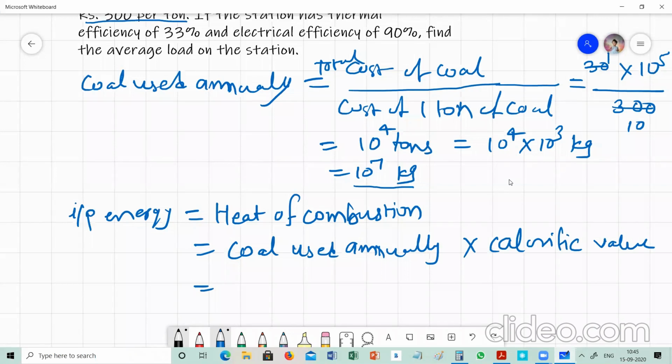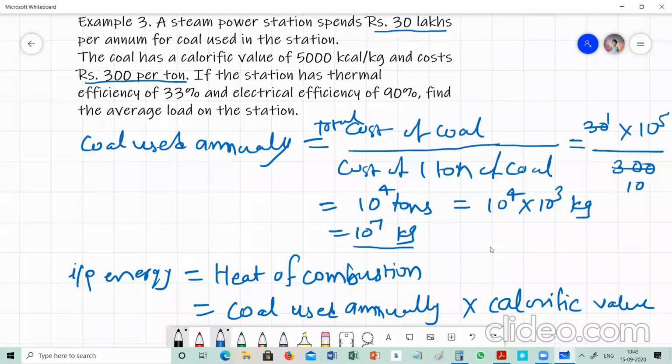Heat of combustion is equal to coal used annually into its calorific value. Coal used annually is 10 raised to 7 kg and its calorific value they have given as 5000 kilocalorie per kilogram.